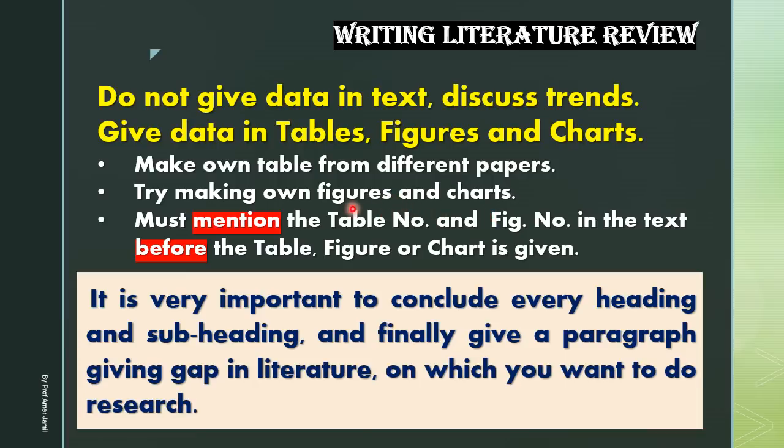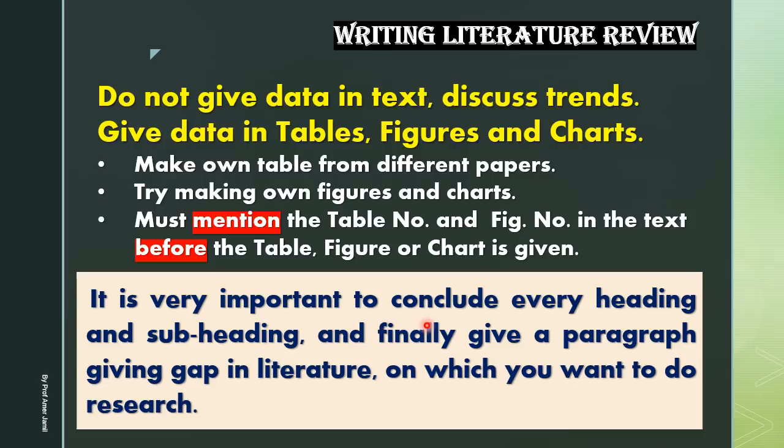You must mention the table number and figure number in the text before that table, figure, or chart is given. Like if you are writing the text in the first paragraph and you want to give a table or a figure or a chart, then you should mention, for example, figure 2.1 in the text, and then you give that figure maybe on the next page or on the same page after you mention it the first time in the text.